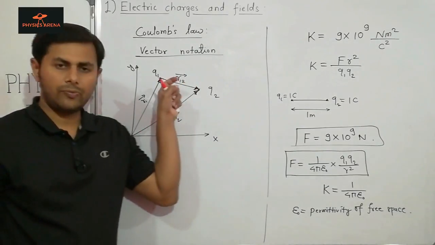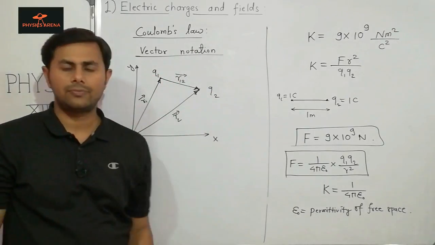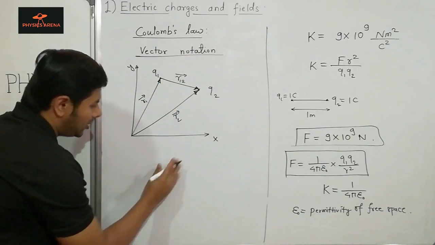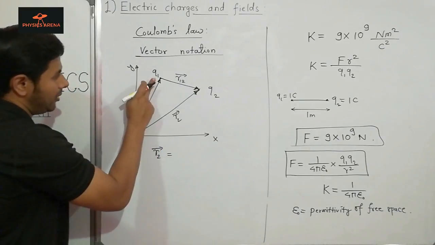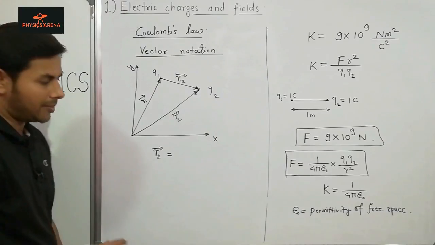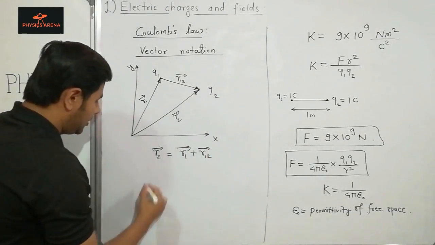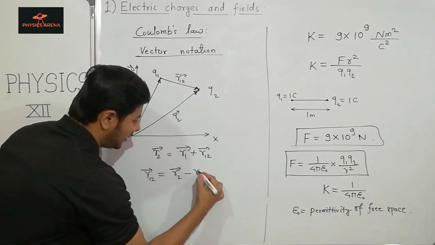It is directed from Q1 towards Q2. By the triangle law, r2 bar is equal to r1 bar plus r12 bar. So r12 bar equals r2 bar minus r1 bar.